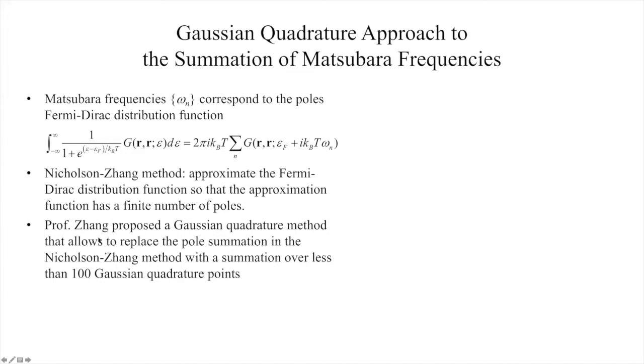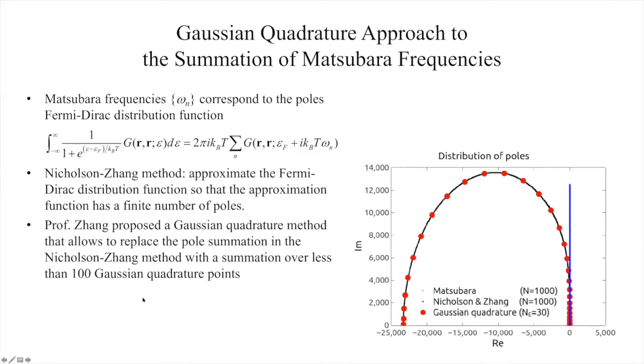Later on, Professor Zhang, who at that time was a scientist at Oak Ridge National Lab and is now a professor at the University of Florida, proposed a Gaussian quadrature method to calculate this approximate Fermi-Dirac distribution function, so that it needs fewer than 100 Gaussian quadrature points.